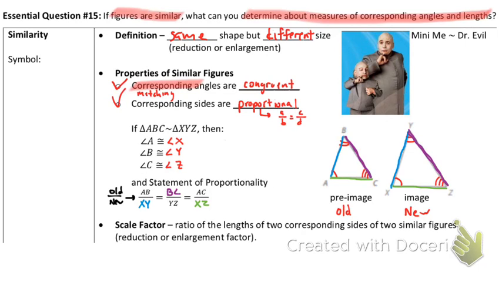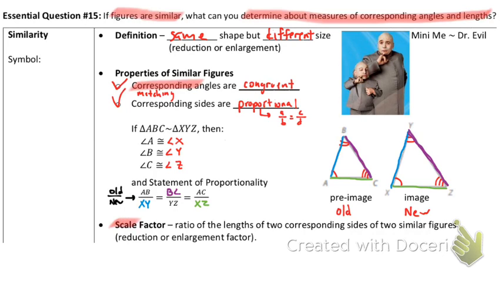From this second property, the statement of proportionality, we get something which is called a scale factor. If we had numbers here, we can reduce these as long as they're all equal, and it would give us a fraction. This fraction, because these guys are similar, is our scale factor. So it's very important that we understand this.